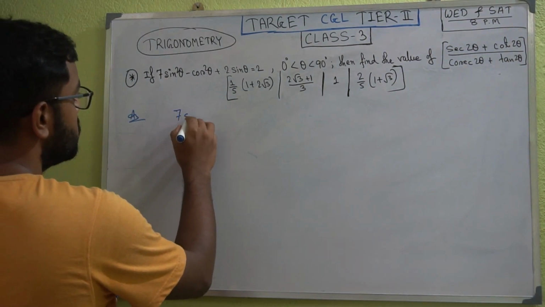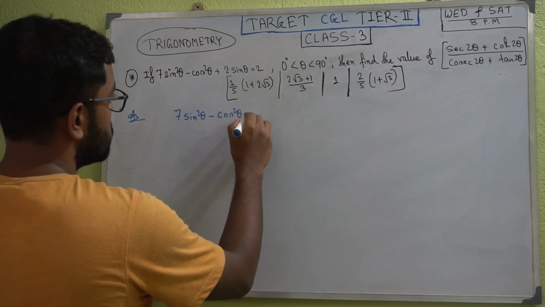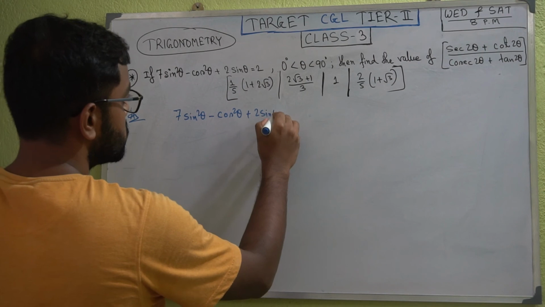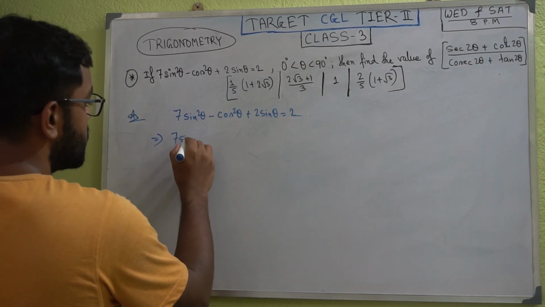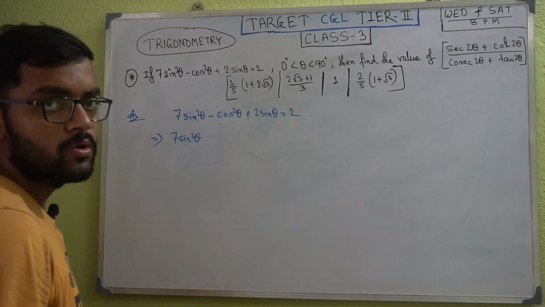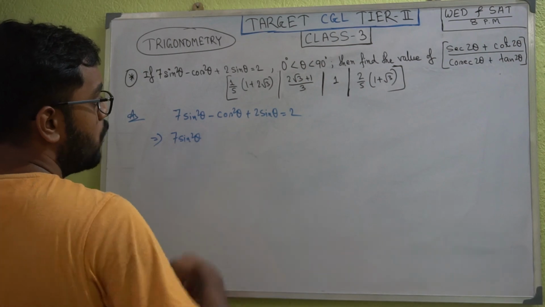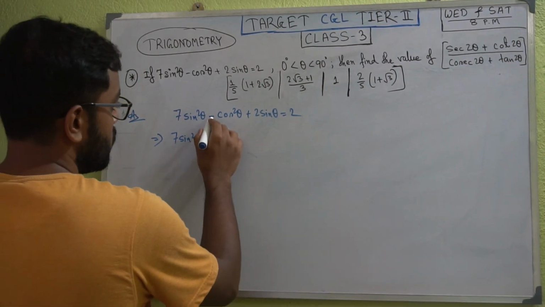Here it is given that 7 sin square theta minus cos square theta plus 2 sin theta equal to 2. We know that sin square theta plus cos square theta equal to 1. So we can put the value of cos square theta, that is 1 minus sin square theta.